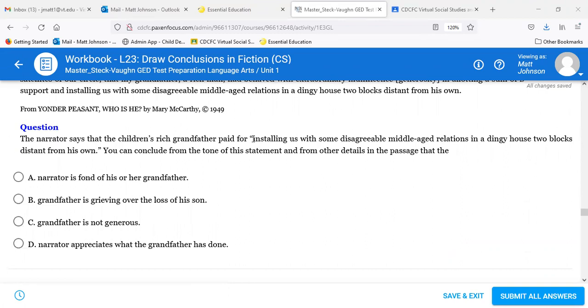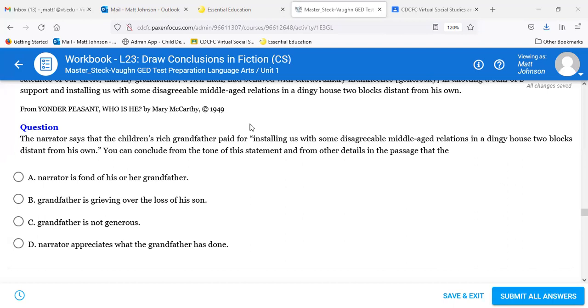Number 10. The narrator says that the children's rich grandfather paid for "installing us with some disagreeable middle-aged relations in a dingy house, 2 blocks distant from his own."